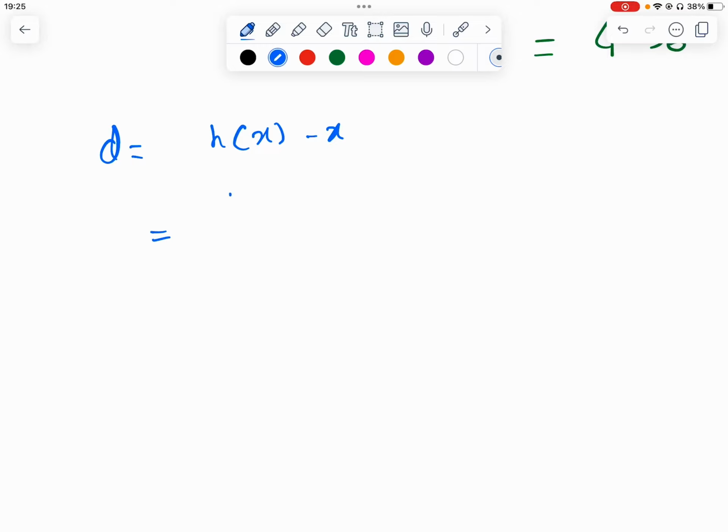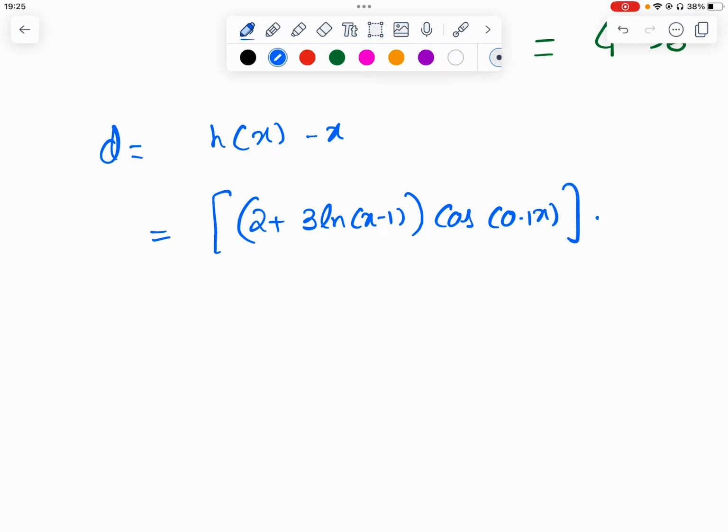So what am I going to do? H of x. What is h of x? 2 plus 3 ln of (x minus 1) times cos 0.1x, minus x. Then I want to find the maximum. So we can get the value from the GDC.